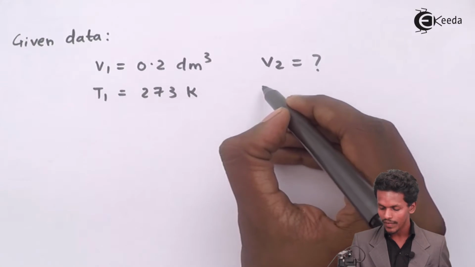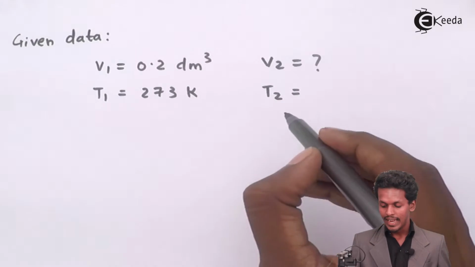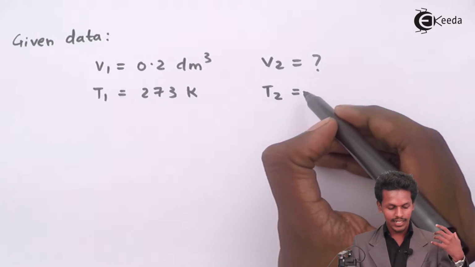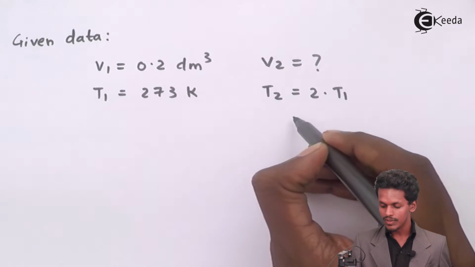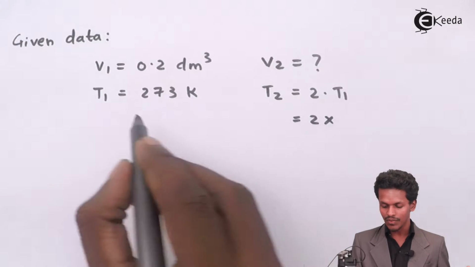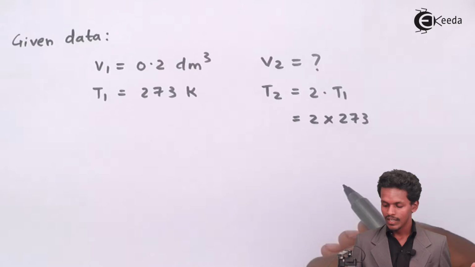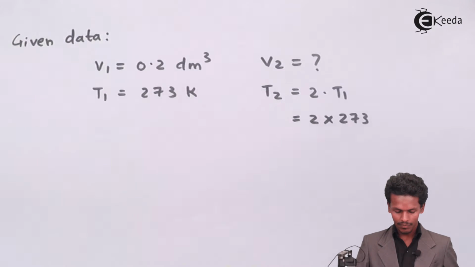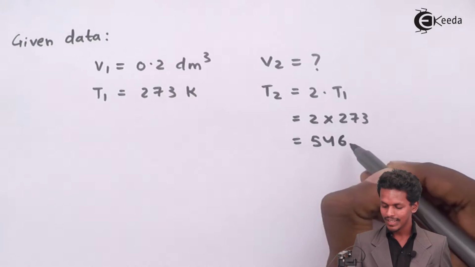Suppose the temperature in the condition of V2 is T2, and it is double T1, so T2 is 2 into 273, which gives us 546 Kelvin.